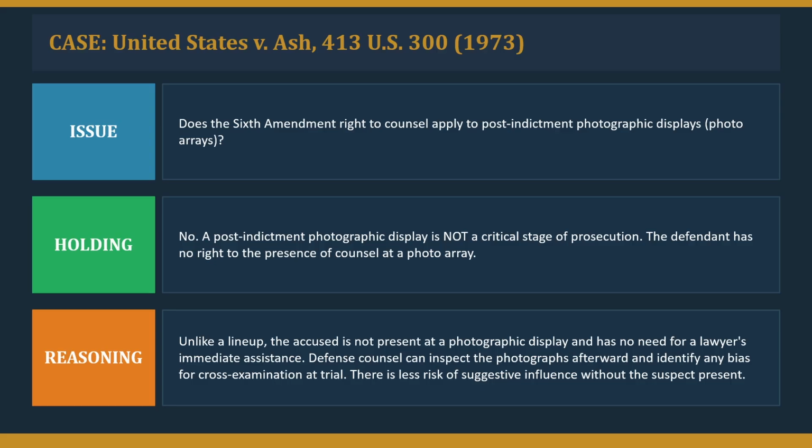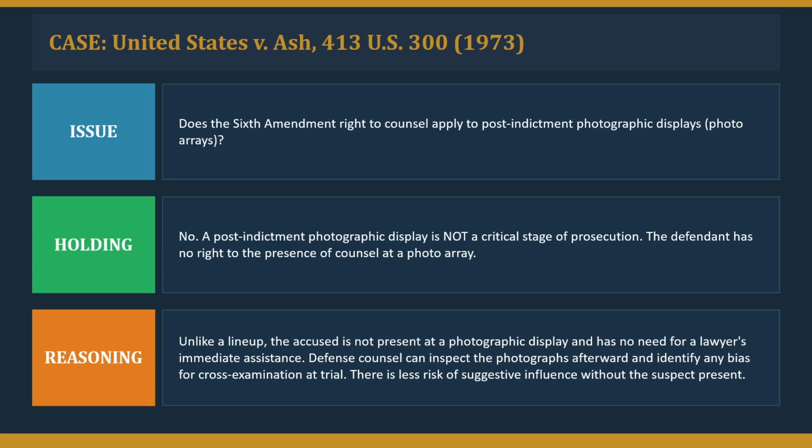The dissenters argued there is no meaningful difference in the risk of misidentification between a physical and a photographic identification, and that the absence of the defendant from the photo array, far from being a reason to deny counsel, is actually a reason to require it, since no one is there to protect the defendant's interest.